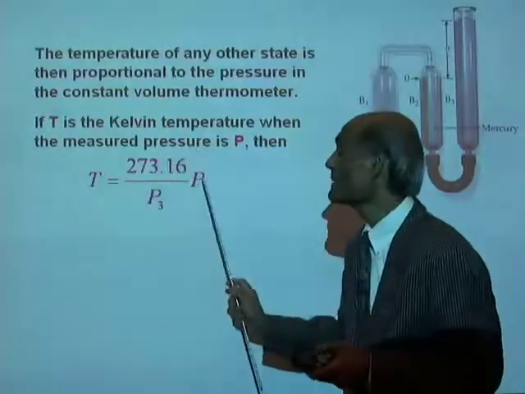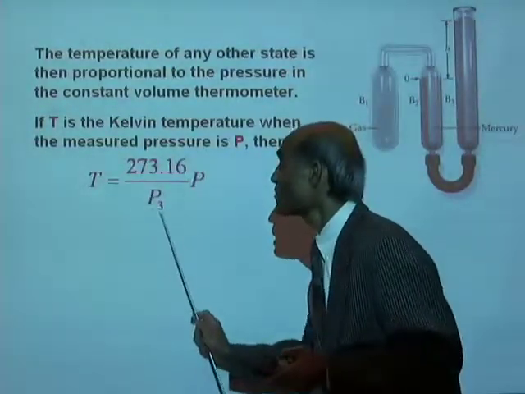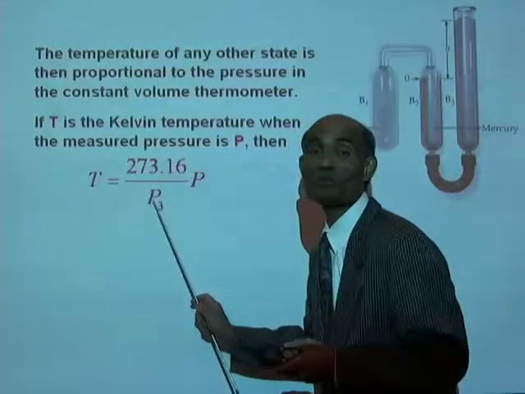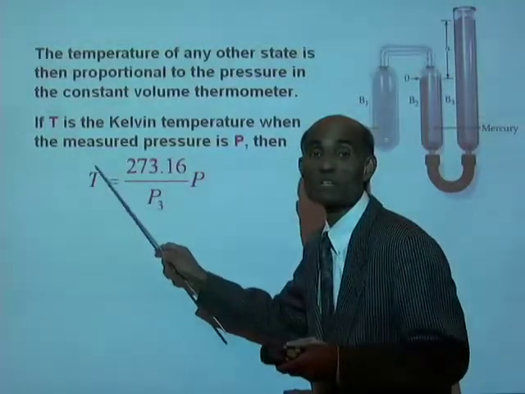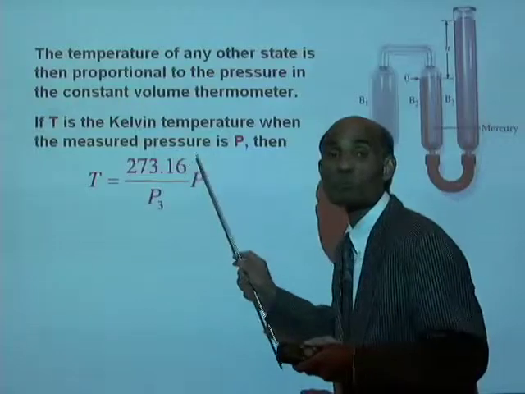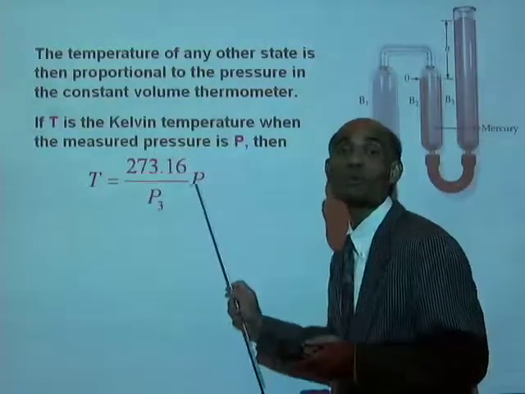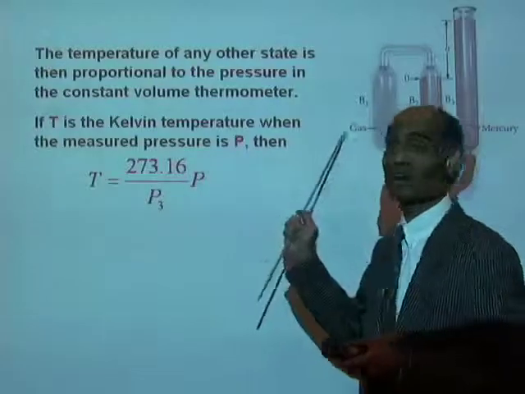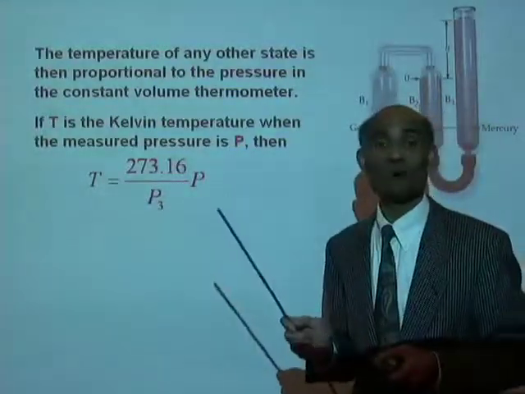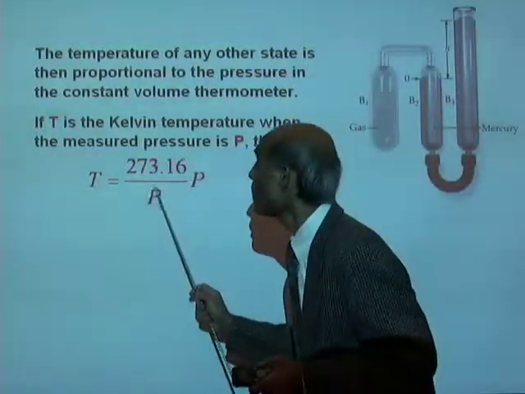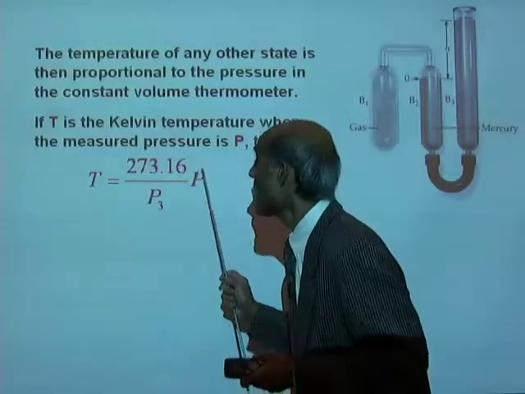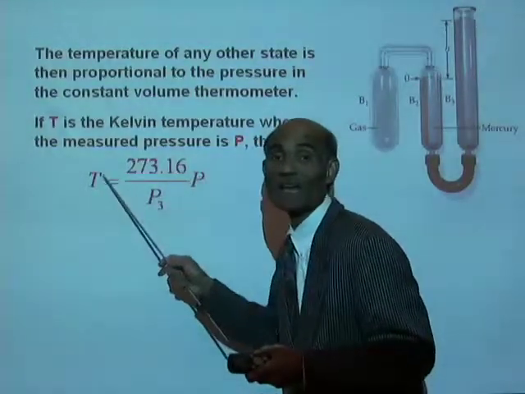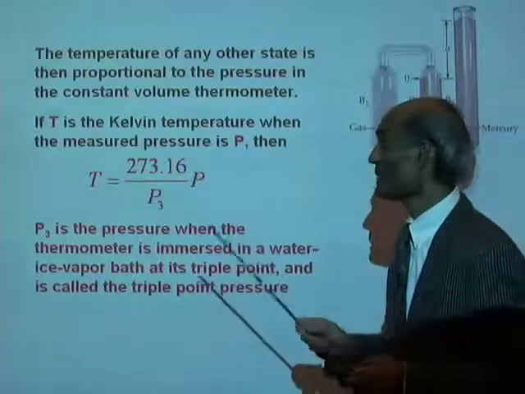So look at this. 273.16 over P3 is a constant, so the measured temperature is proportional to the measured pressure. That is the advantage of the constant volume thermometer. If you know P3 and P, you can calculate the temperature.